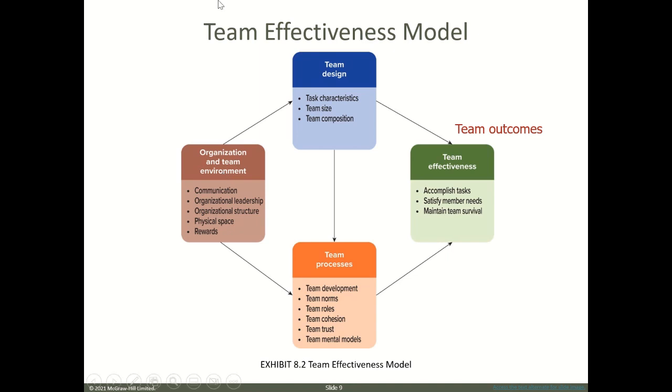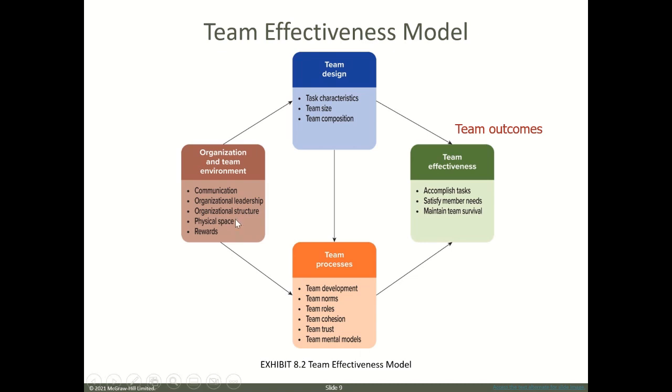First of all, in the team there should be a proper communication system which facilitates coordination among the team members. Then organizational leadership that values team diversity and all team members, not only the stars.